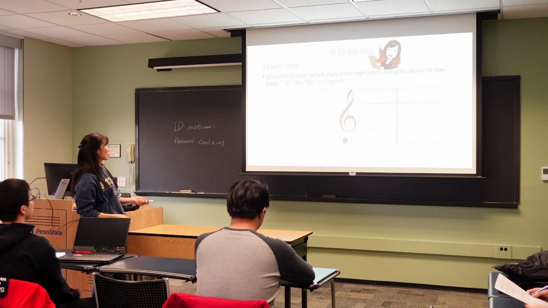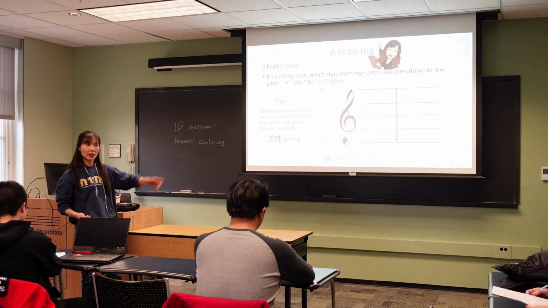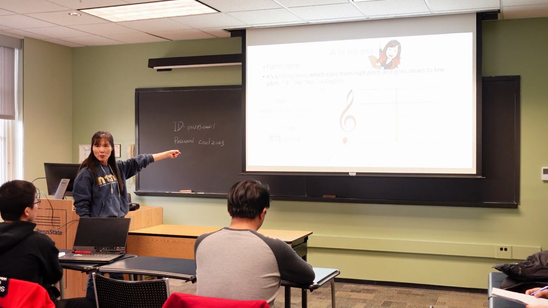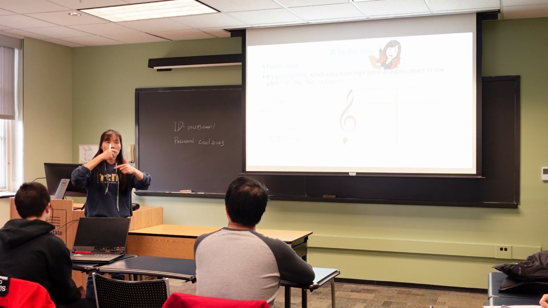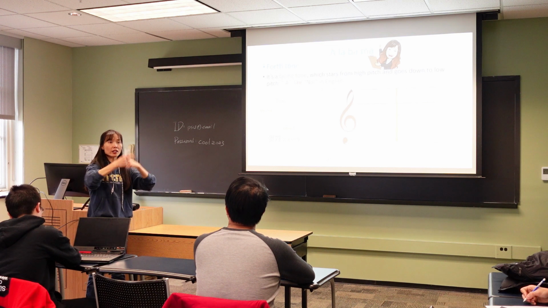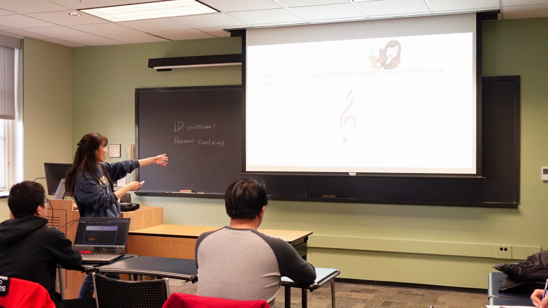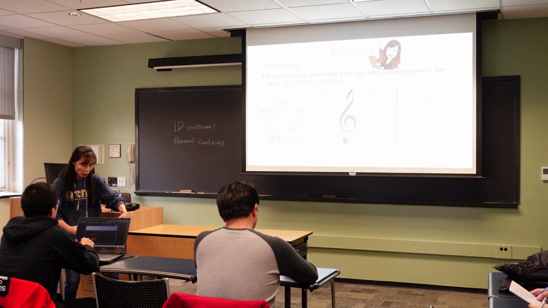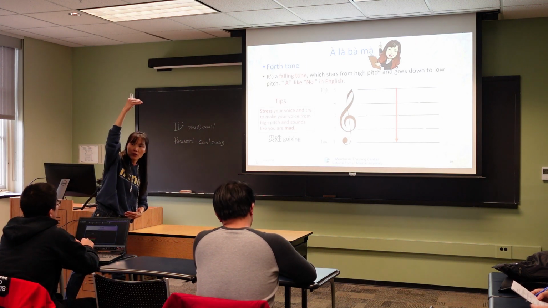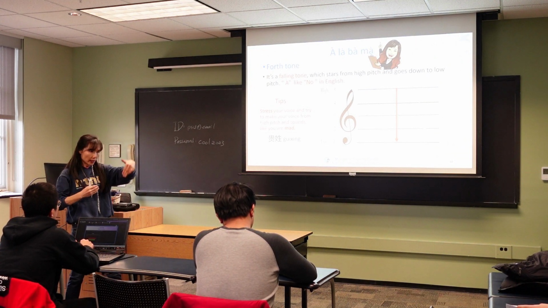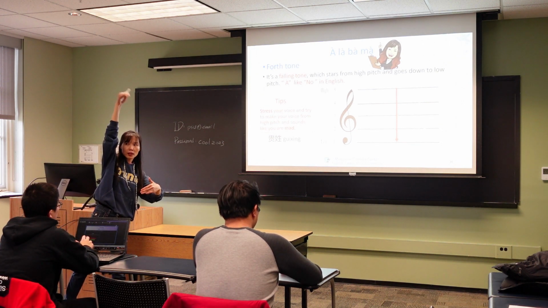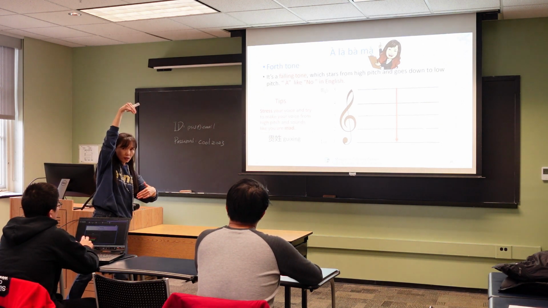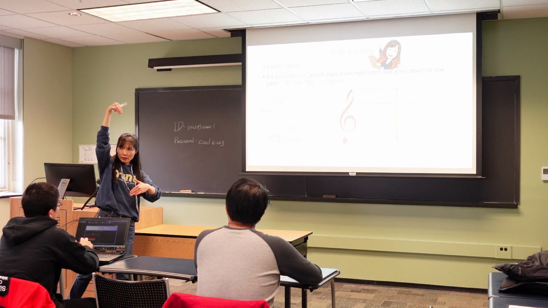So let's try to say this word. When you repeat the fourth tone, the second one has to go back to the high pitch, right? The first one, 贵, and the second one you have to go back to your high pitch, 姓. 贵姓, 贵姓, right?